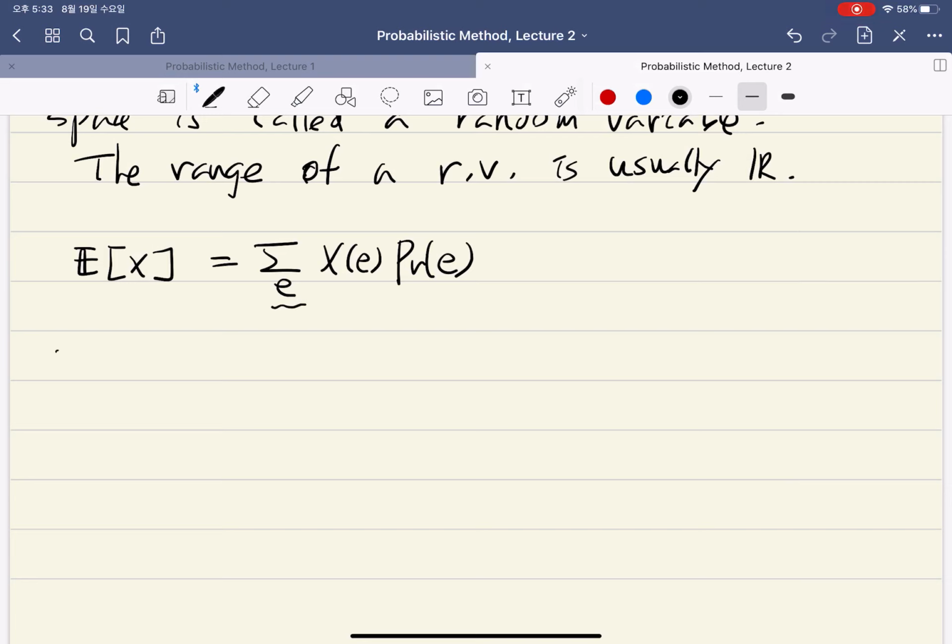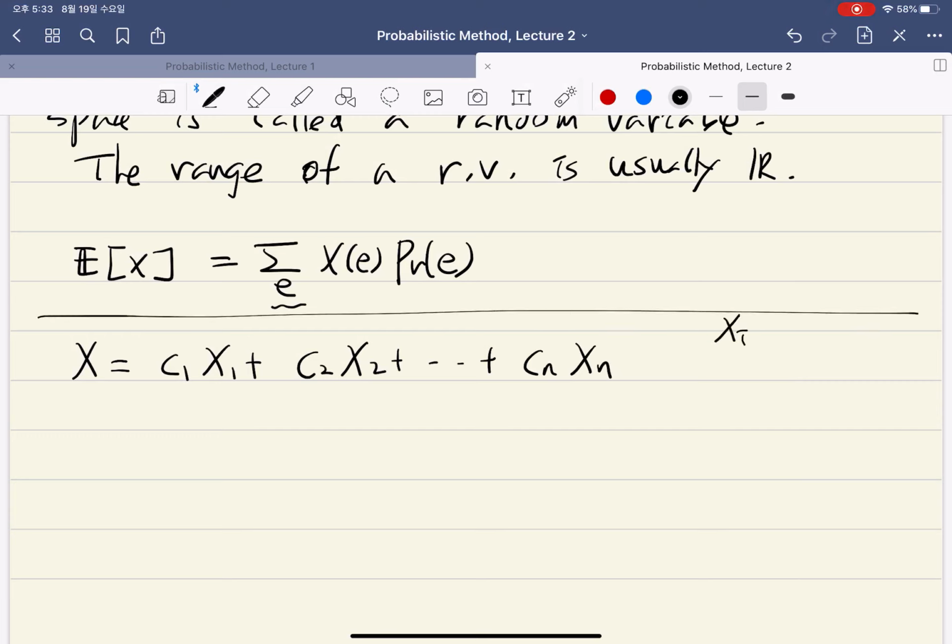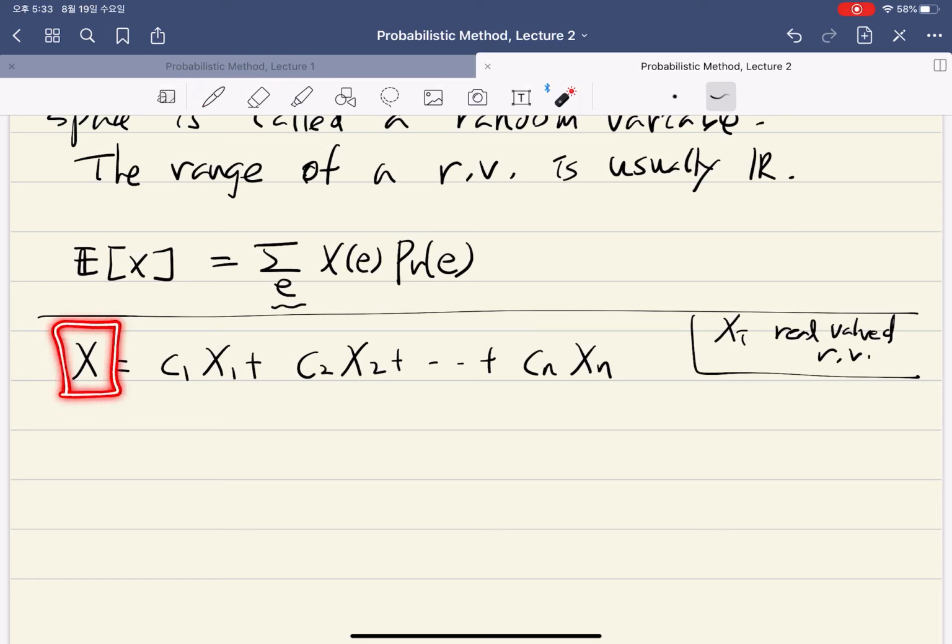And one of the properties that we know is that when x1, x2, ..., xn are all random variables, so the xi are random variables taking real values, then their sum x is also a random variable.